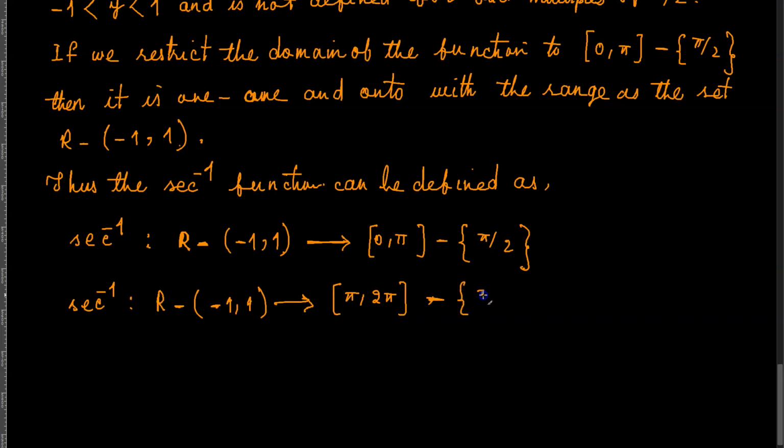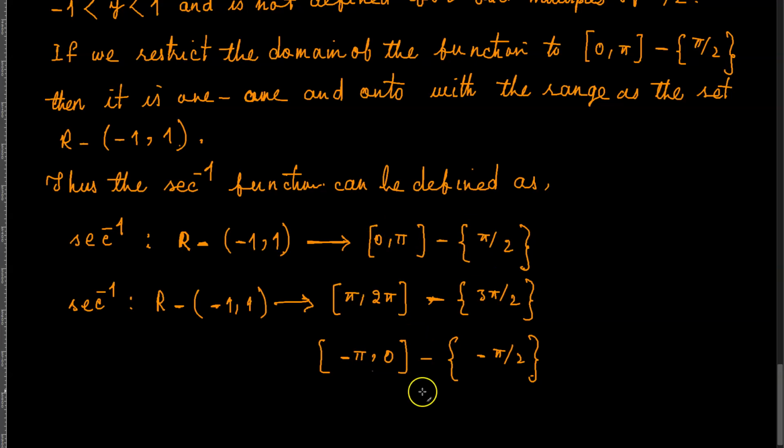Or instead of this, you can write, for example, negative pi to 0, and then take the negative pi by 2 out, and so on and so forth, right?